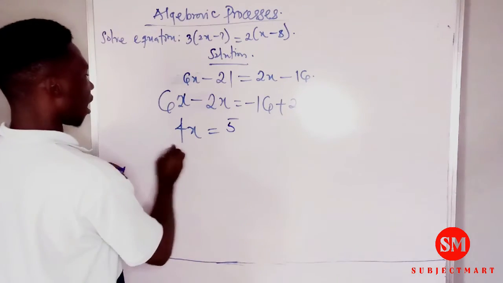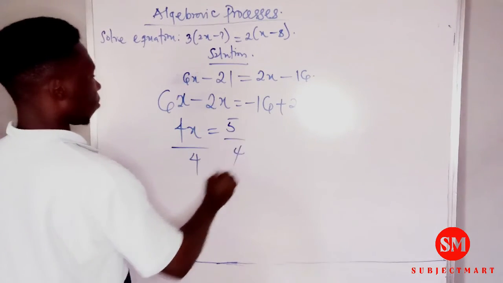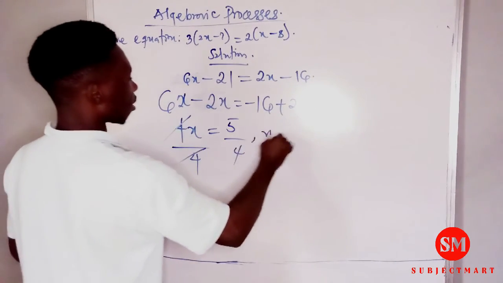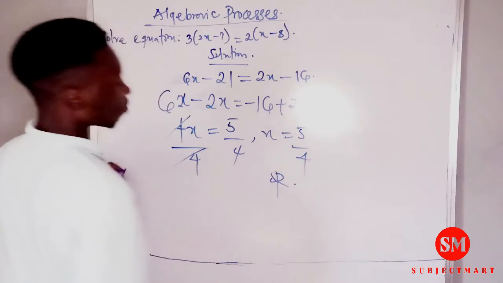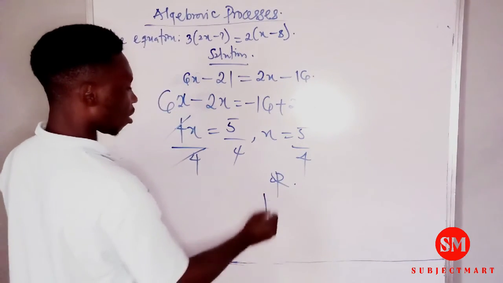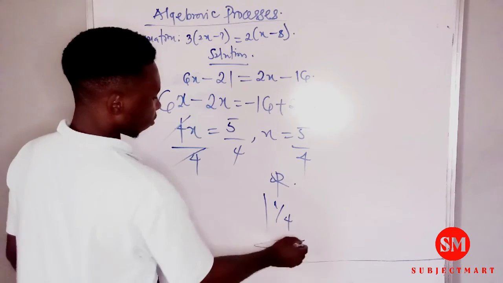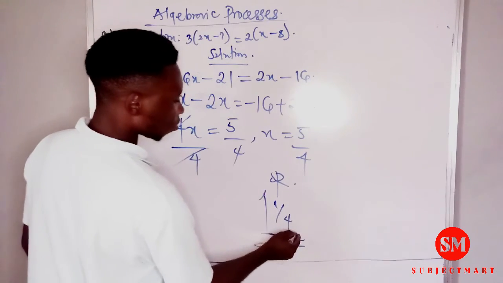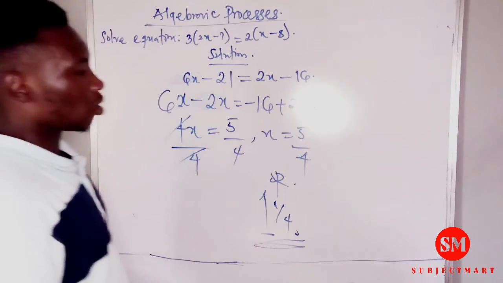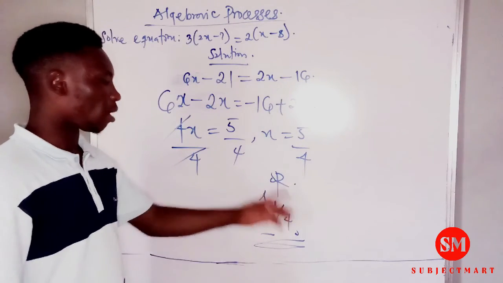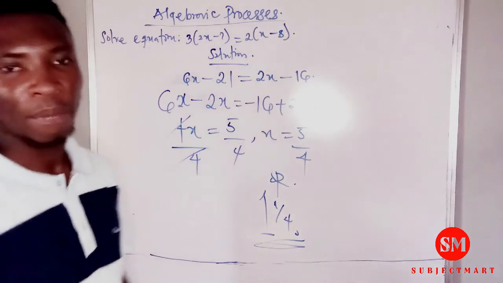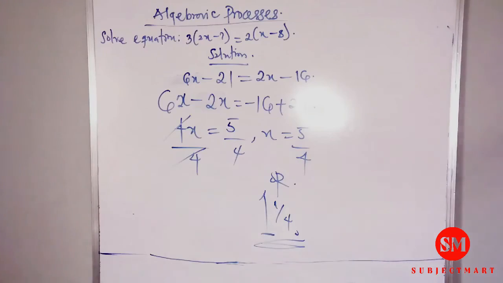So divide both sides by 4. This cancels out, so x here is equal to 5 over 4, or you can change it to mixed fraction to be one whole number, 1 over 4. I believe you must have gone through fraction to understand how this came about to be one whole number, 1 over 4.